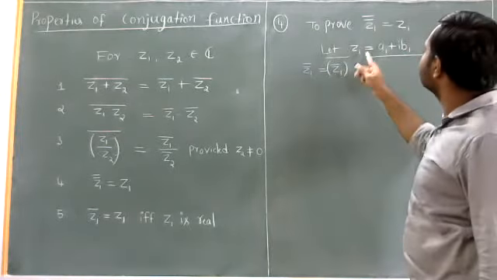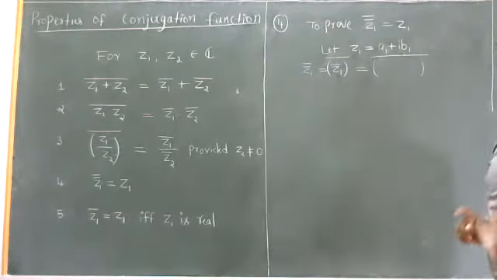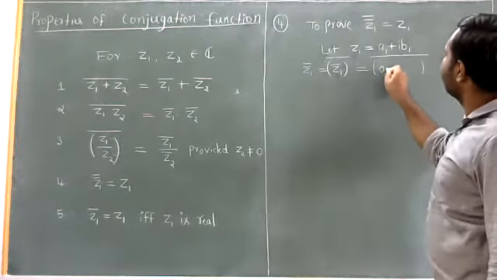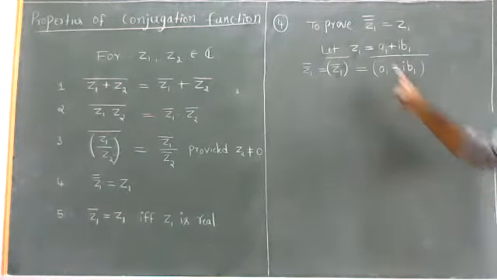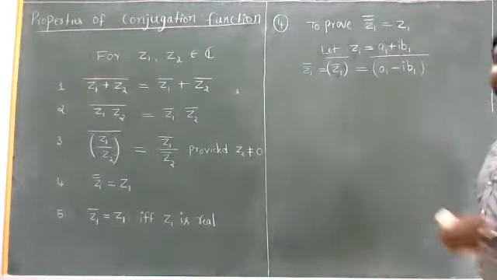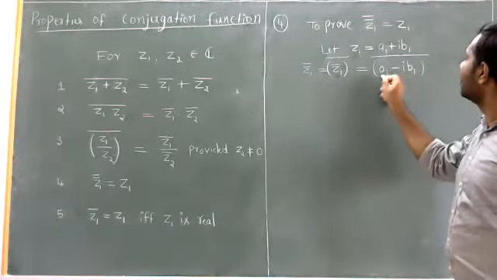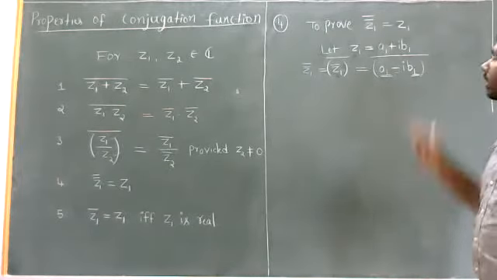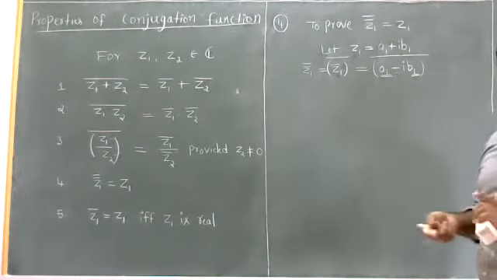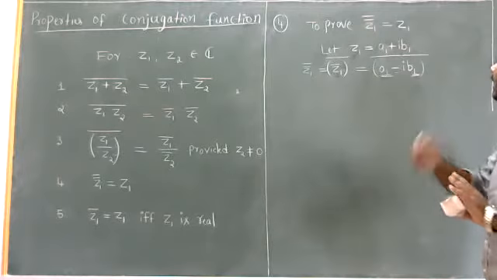So now I have to write Z1 bar. Z1 bar means the conjugate of Z1. Z1 is A1 plus iB1. Its conjugate Z1 bar will be A1 minus iB1. Right? Now I have to write the conjugate of this complex number. What is this complex number? A1 minus iB1. That means it is a complex number with real part A1 and imaginary part minus B1. To get its conjugate, what do you have to do? Just replace its imaginary part by its negation.